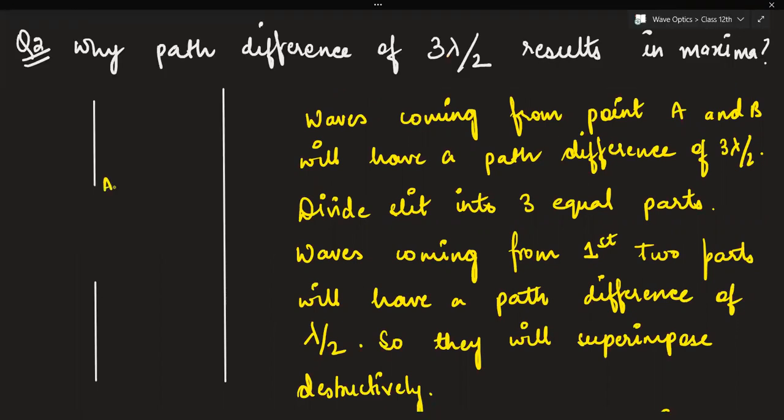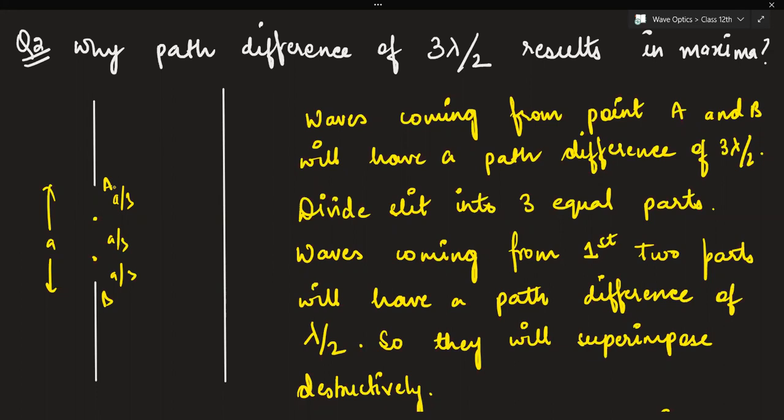This is point A, this is point B. Now I have divided it into 3 parts. This becomes a by 3, this becomes a by 3, this becomes a by 3. Now the waves that are coming have a path difference of 3 lambda by 2. We have to show that they result in a maximum.